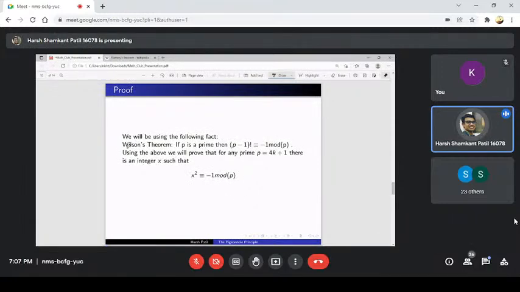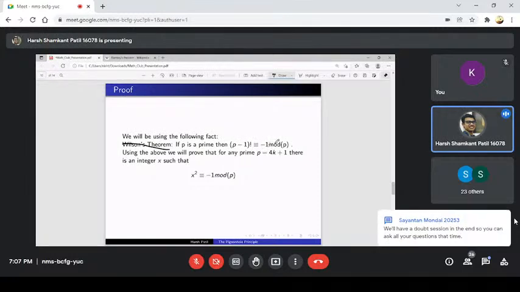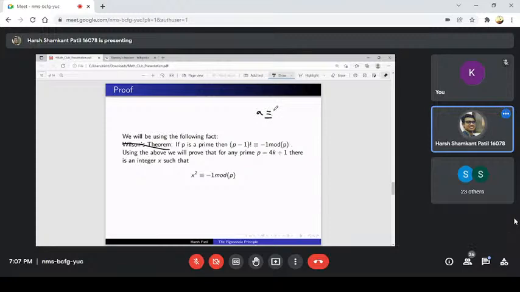The first thing that we are going to use is Wilson's theorem, which says that if p is a prime, then (p minus 1) factorial is congruent to minus 1 modulo p. Just to remind you, whenever I say that a is congruent to b modulo n, I mean that n divides a minus b.